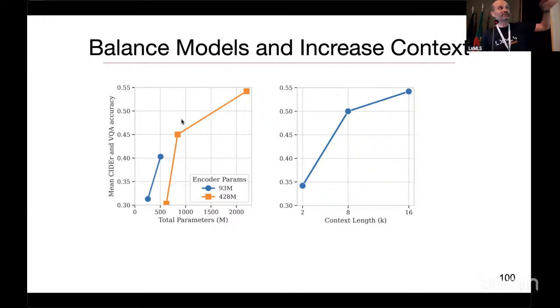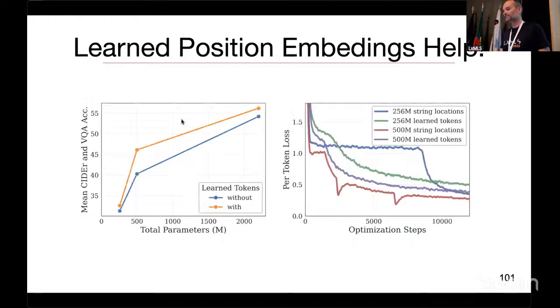Whereas there is a diminishing return of massively increasing context length. But this is all still at the small language model scale. If we were working with really large models, like 13 or 30 or 200 billion, some of these results might be somewhat reversed. They also found that learned position embeddings are really useful and important.